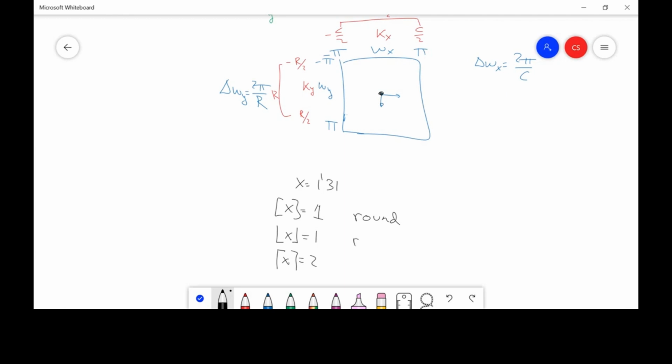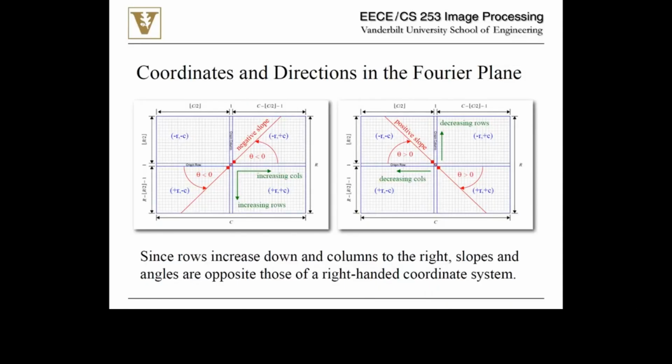Round down is to the closest integer that is smaller than that. And round up is the closest integer that is larger than that. So if you want to be precise, you have to take round down of c half, and then c minus this thing minus 1. But loosely speaking, they go from minus c half to c half. And the same for r.